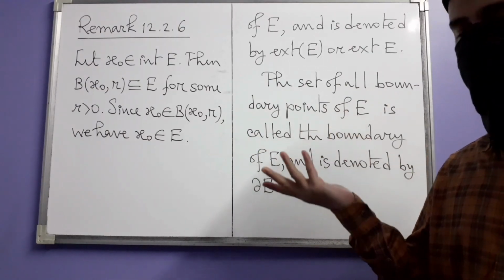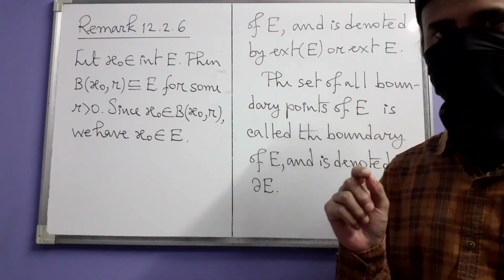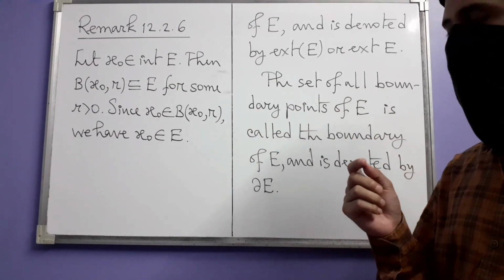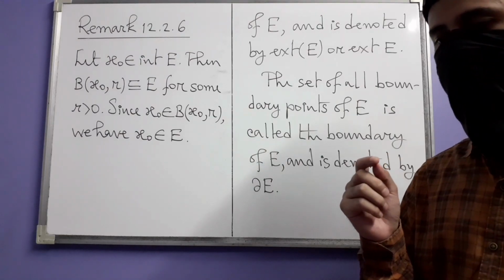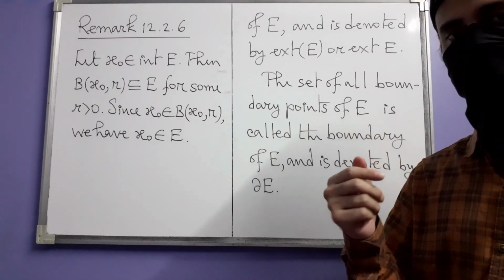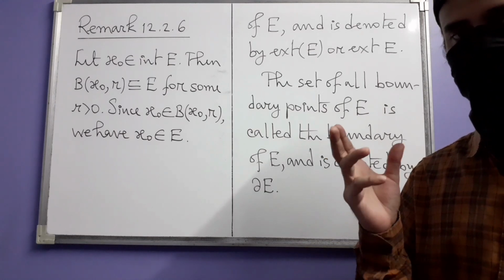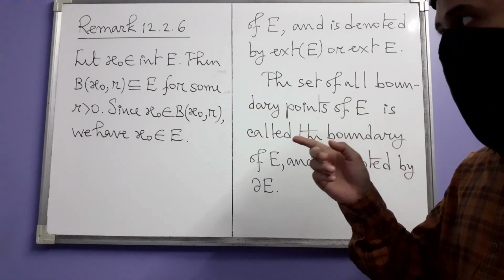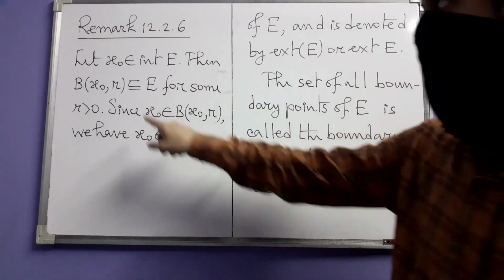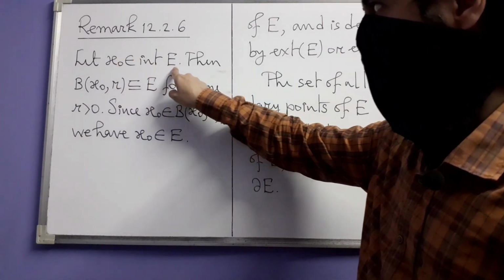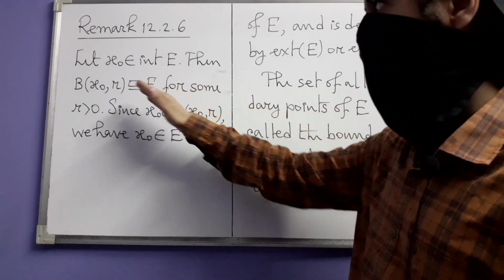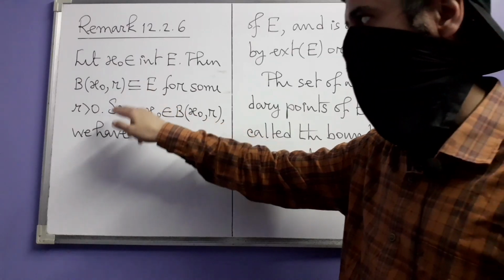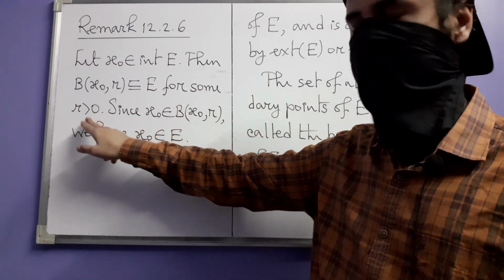You recall that just now we saw one particular thing in that definition. While we drew that diagram to understand what an interior point is, we immediately noticed that it seems like an interior point needs to be inside the set. But that was just our vague guess from the diagram. Now in this remark we see that actually that is true. Suppose that x0 is an interior point of the set E, then by definition some ball centered at x0 is entirely contained in E. Some ball means for some positive radius.